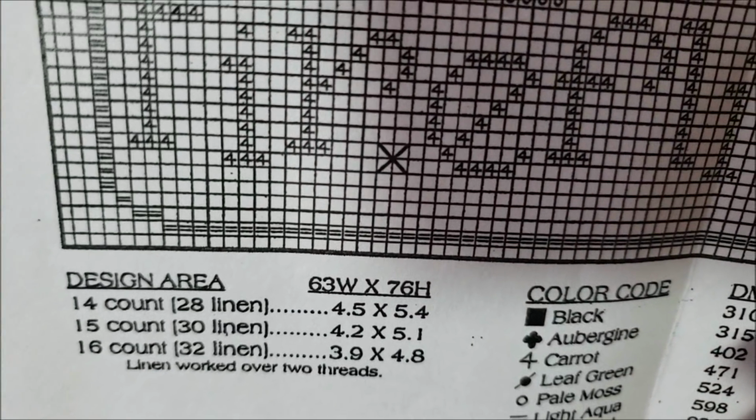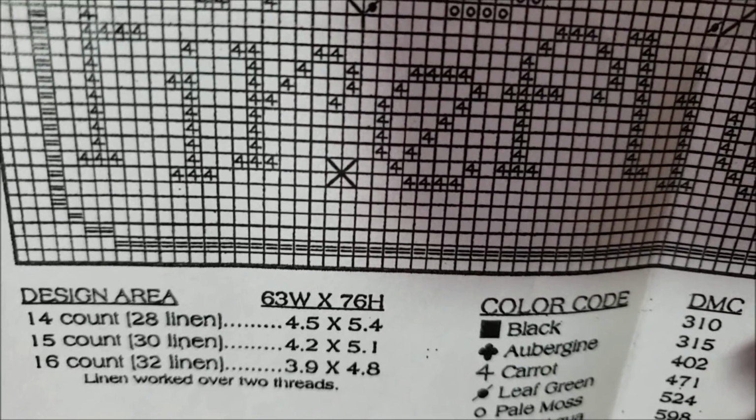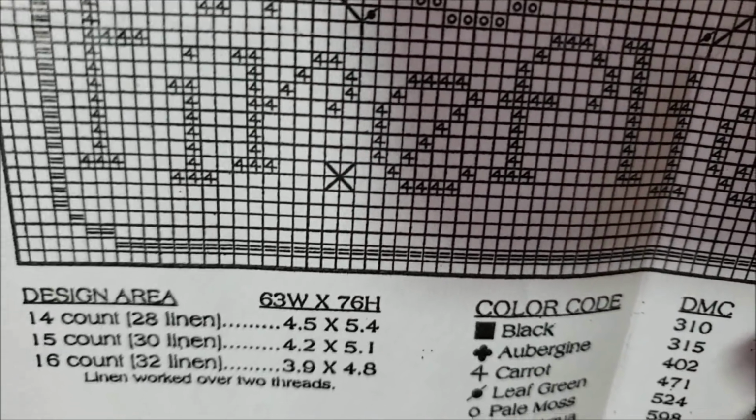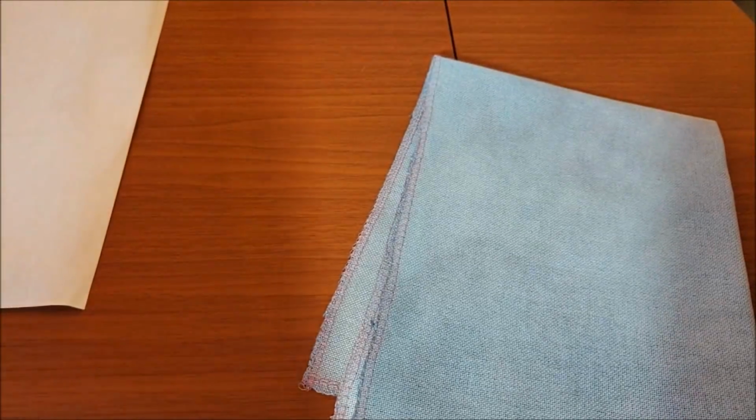So 28 count linen, 2/2 is the same as a 14 count Aida, if that makes sense. 15 count, 16 count. Let's just pretend that they only gave you the size of 14 count, which most patterns will only give you one size.